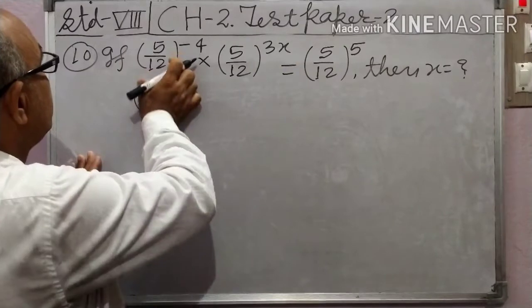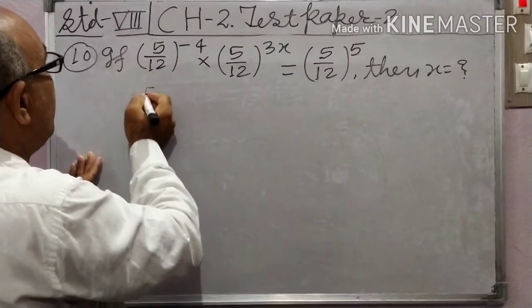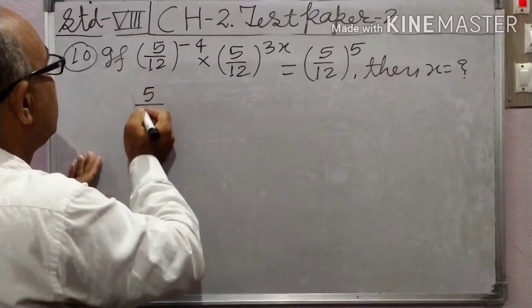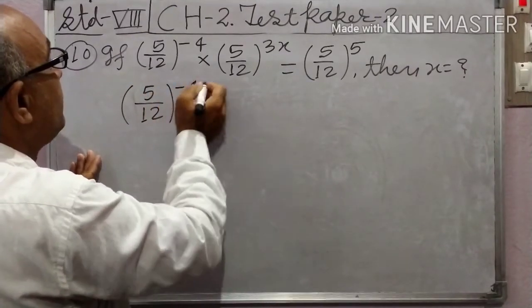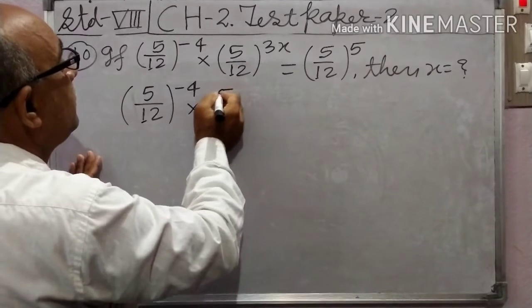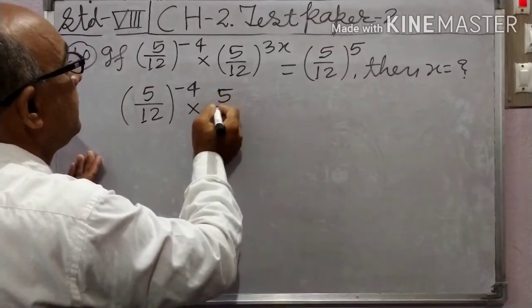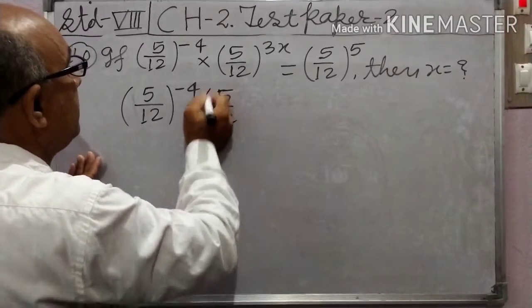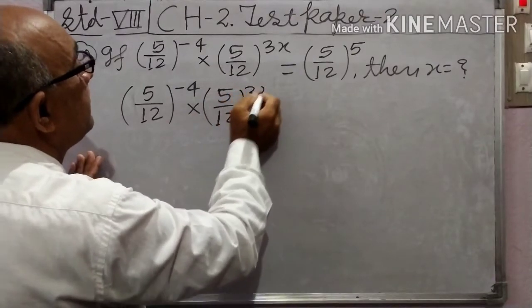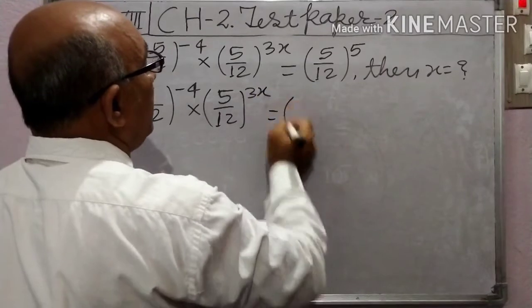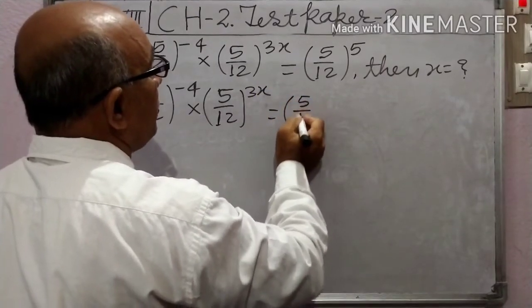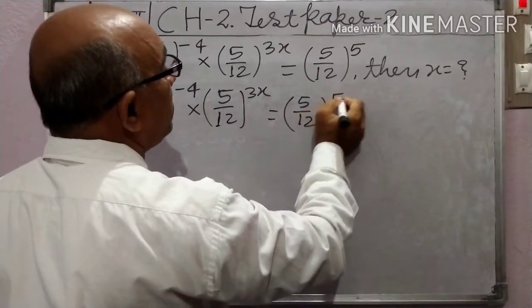Question is 5/12 to the power minus 4 into 5/12 to the power 3x equal to 5/12 to the power 5.